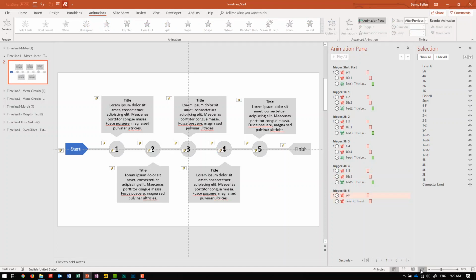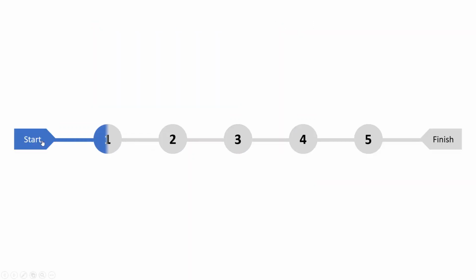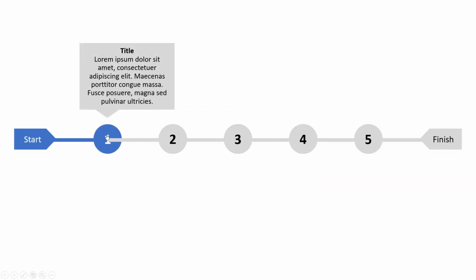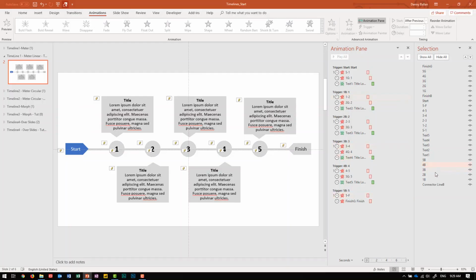So now let's test it out. We click on start. It goes the same way we want, but look at the problem we have here. The blue numbers are sitting beneath the gray connector, so we can fix that right away. We can take all our blue numbers and put them on top of the gray connectors.